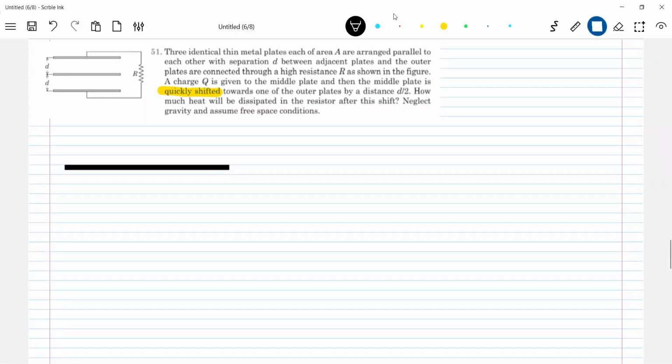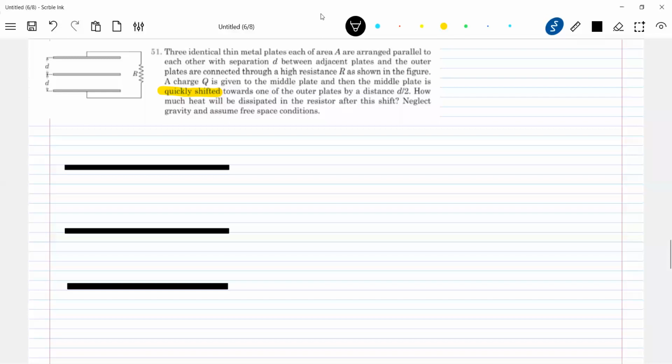There's a plate. All the plates are identical and they're connected by a resistance. So let me give the name A, the middle plate, let it be A. This is B, let this be C.